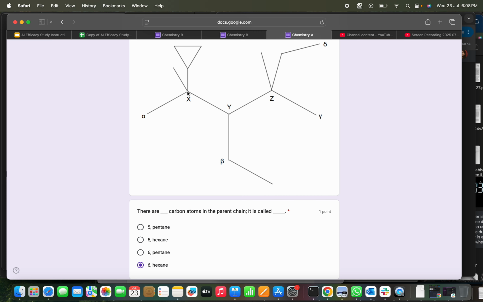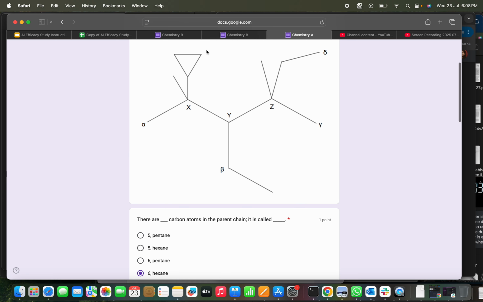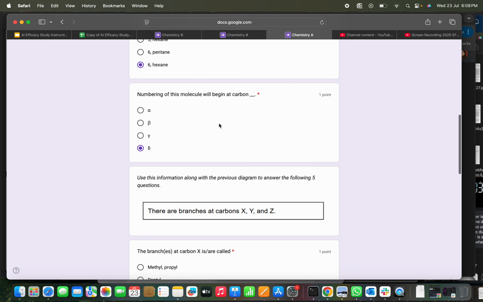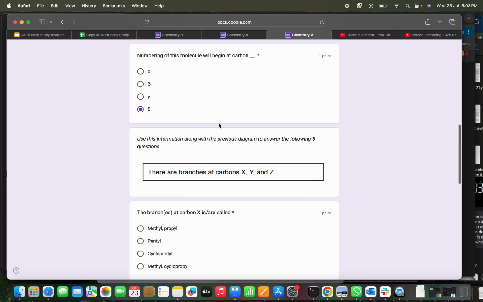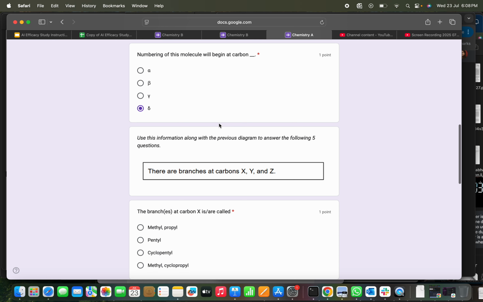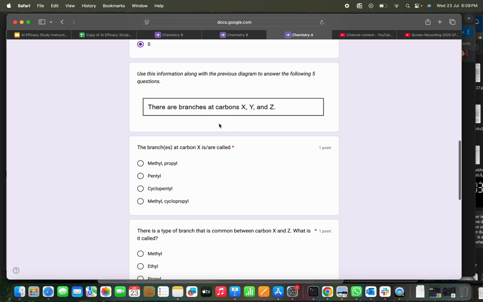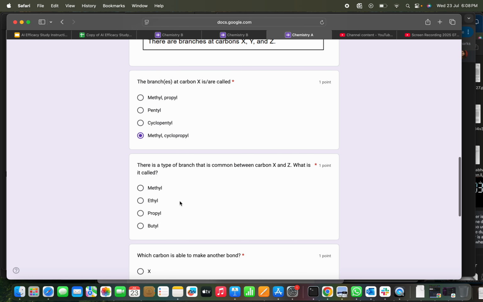So CH, CH2, CH2. At the prop... I'll go with cyclo, but I'm not sure if this is the right convention. Cyclobenzene. It's not propyl.